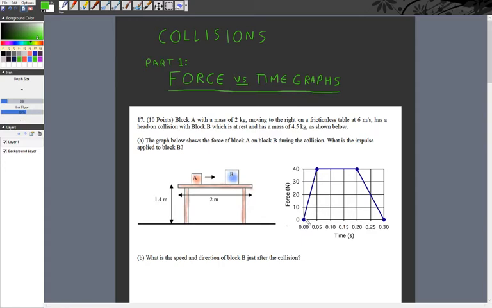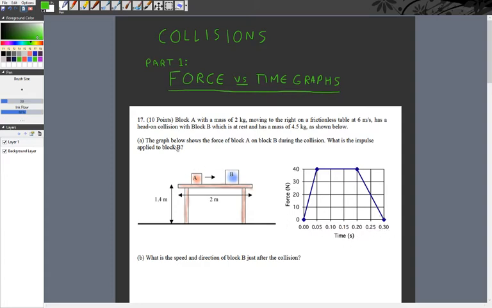As it compresses, the force on it is going to increase up to some maximum, and then it's going to be steady for a period of time, and then it's going to be pushed away from block A, and that force is going to be going down. Okay? And then when the force is zero again here, they're no longer in contact. So this is basically a history of the collision in terms of forces.